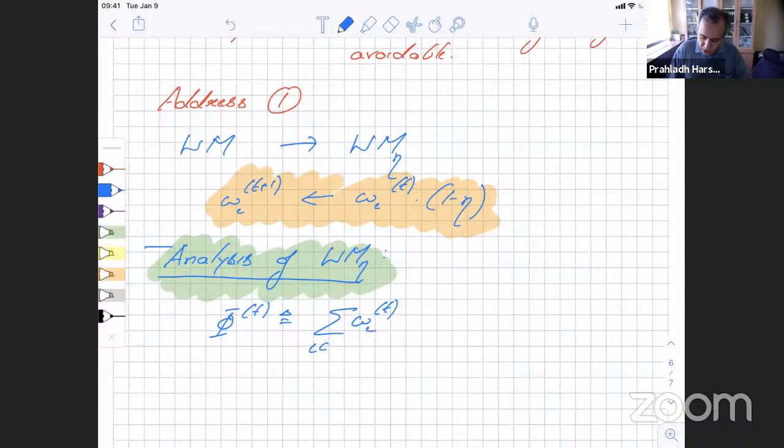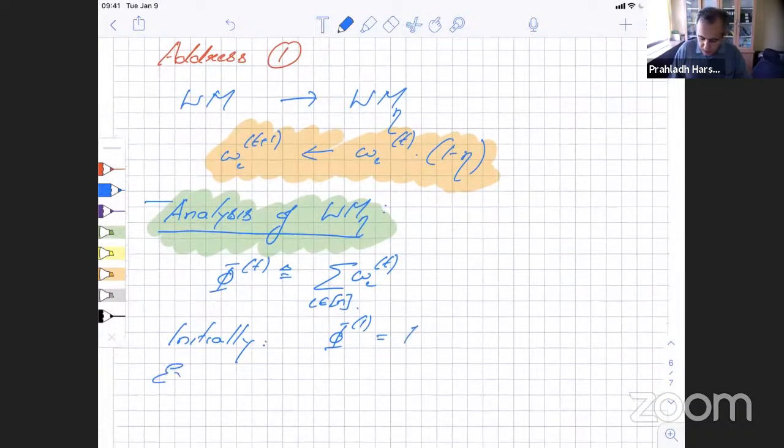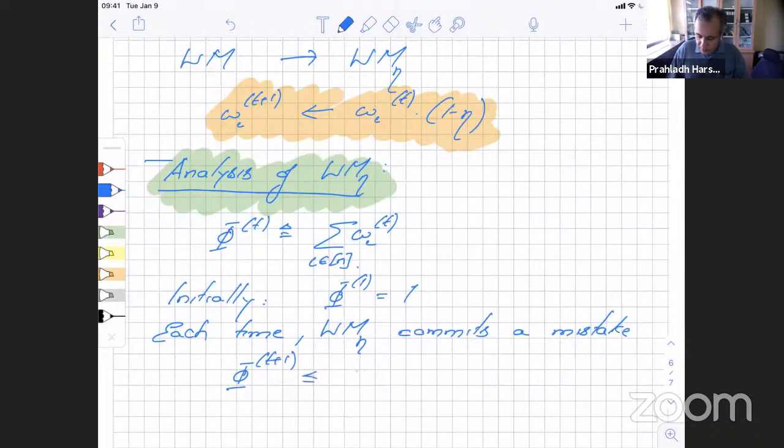So initially phi1 was 1 as before. Each time Wm eta commits a mistake, phi t plus 1 is less than phi t.